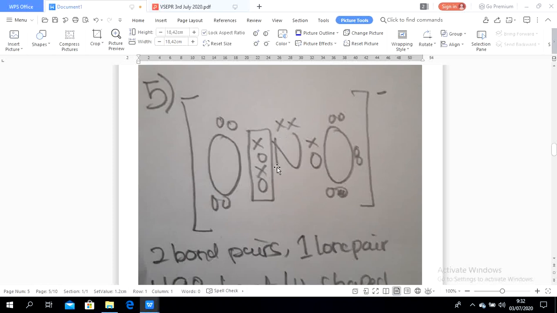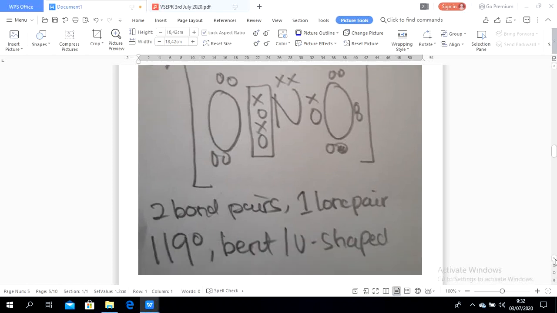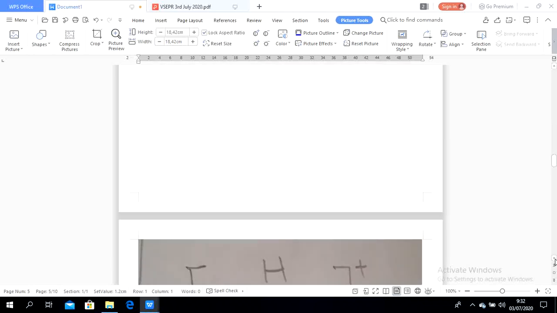Then there is an N here, and there is a lone pair and a bond pair with the oxygen, and there is an external electron in the oxygen that makes the ion negative. So in conclusion, there are 2 bond pairs and 1 lone pair. The angle is 119 degrees. The shape is V-shaped.